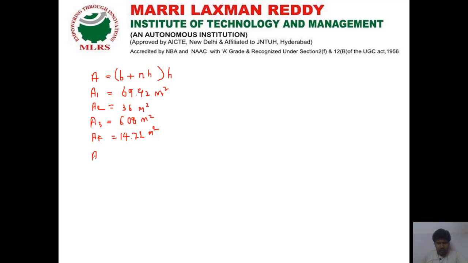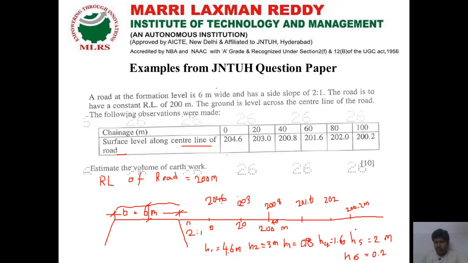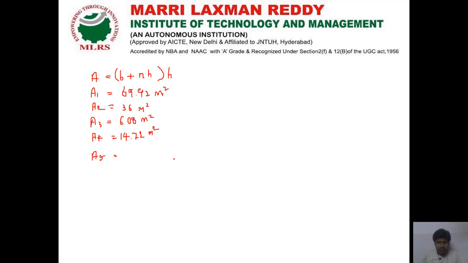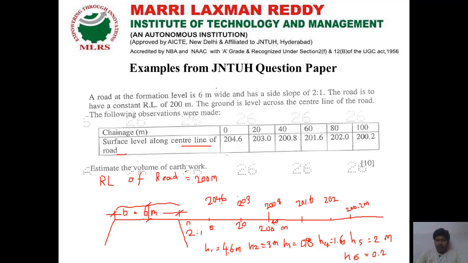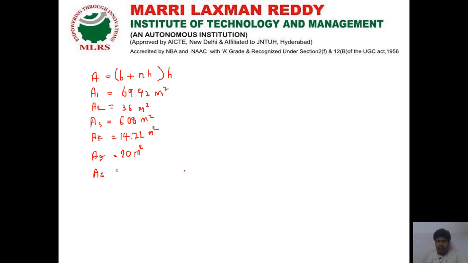Then A5, where H5 is 2 meter, gives 20 meter square. Then the last, A6, with 0.2 meters, gives 1.28 meter square.